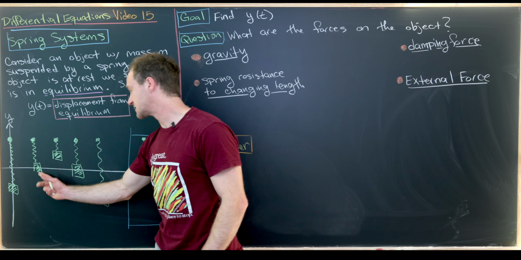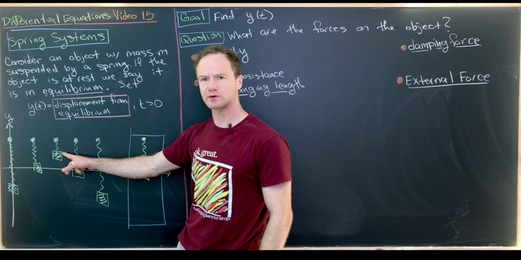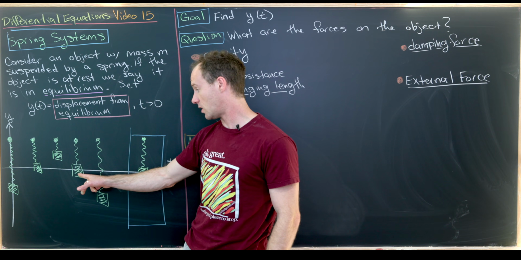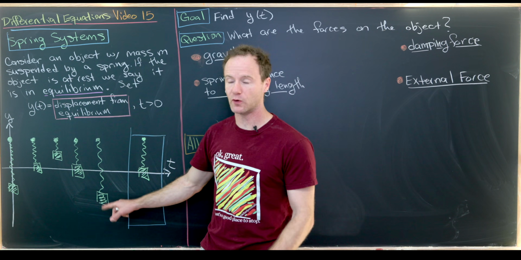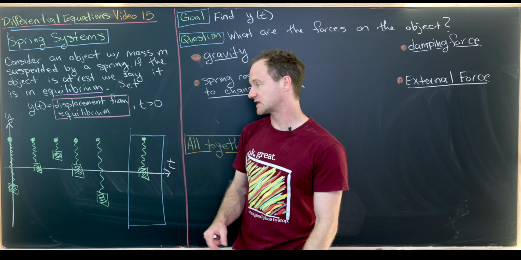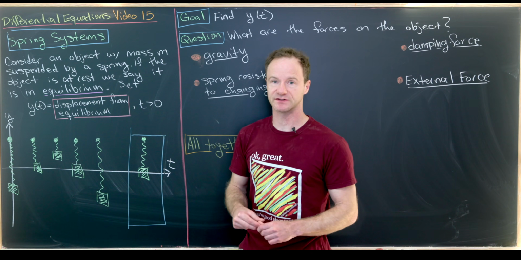Well, then the spring is going to pull it up through this equilibrium position to some sort of high point. But once it reaches this high point, it's going to fall through the equilibrium position down to another low point, and then it's going to continue that over and over again. Now, in the real world, that oscillation would stop due to friction or air resistance or something.